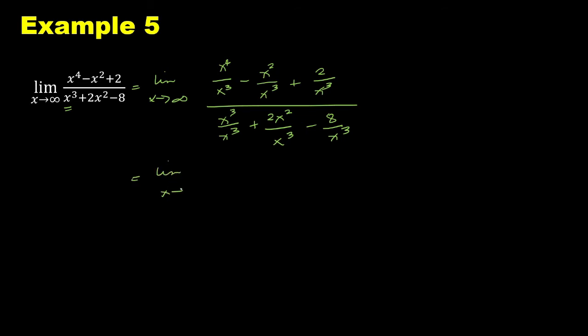Simplifying, we have x minus 1 over x plus 2 over x cubed over 1 plus 2 over x minus 8 over x cubed.